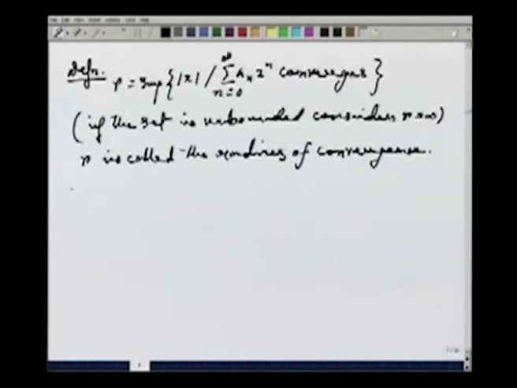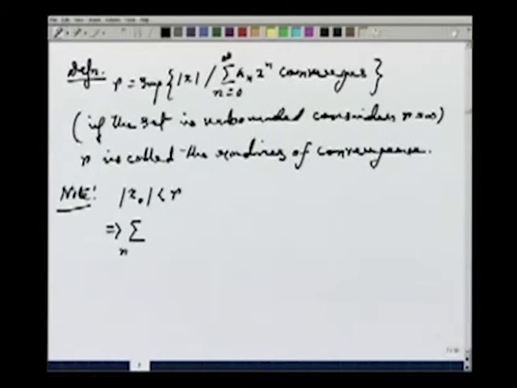Suppose, I will call it a note, suppose mod of x naught is less than R. Then I want to show that this implies summation n from 0 to infinity a n x naught to the power n converges. How does this follow?